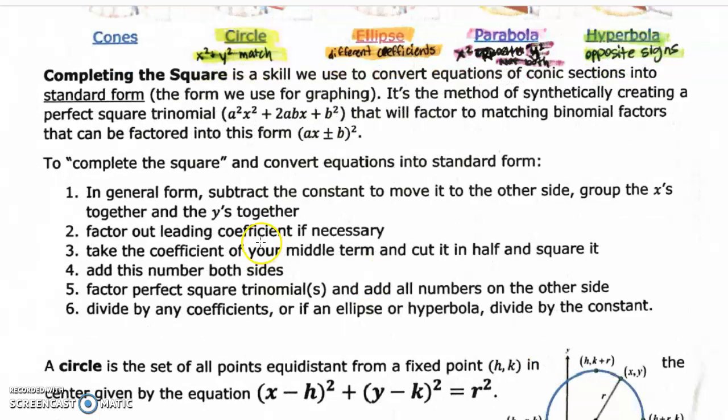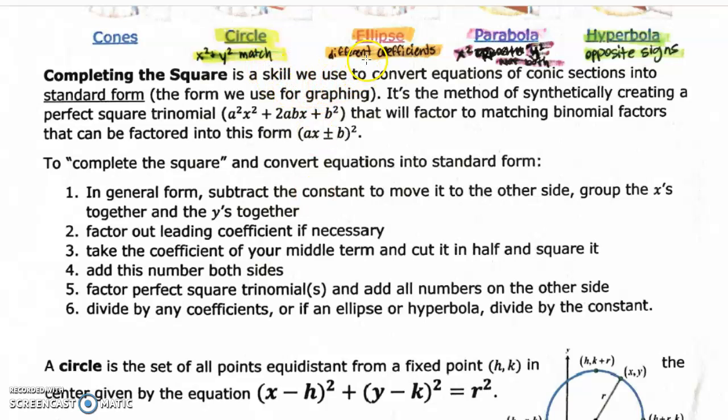Here are the steps for doing that. From general form, we want all the variables on one side and all of the numbers, the constants, on the other side, because we don't use the constants in order to complete the square. Typically, we want our x squareds and y squareds to be positive as well.